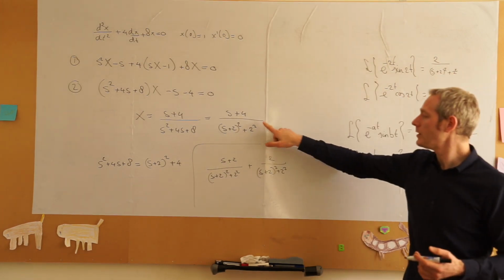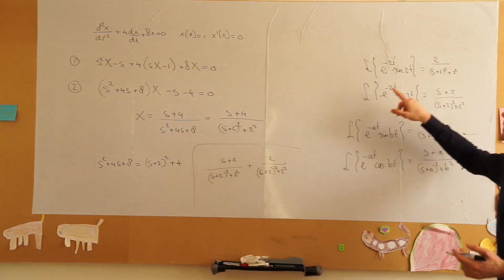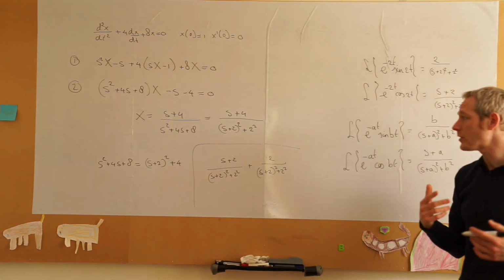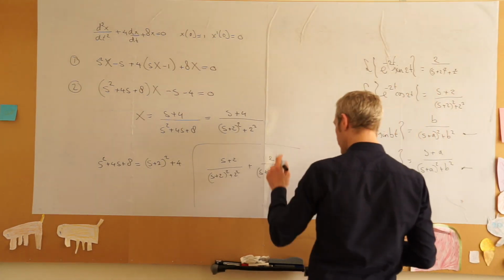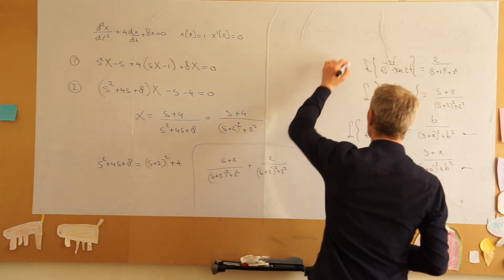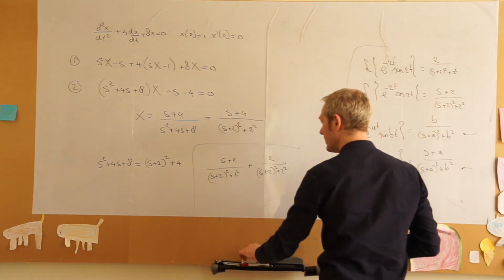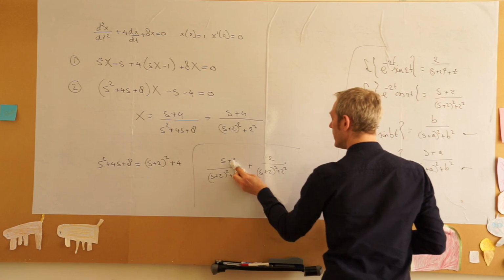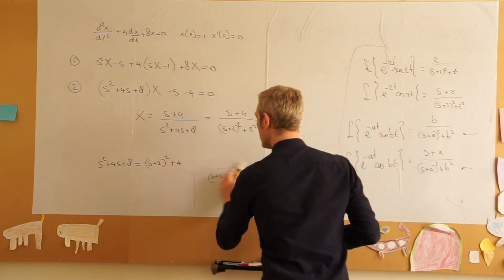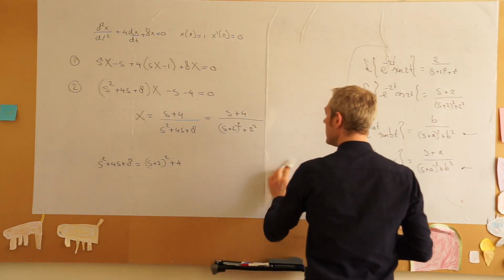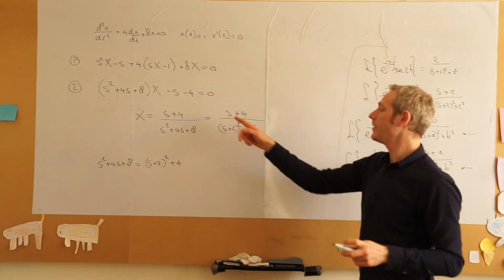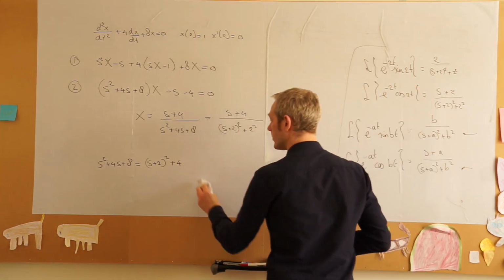So I'll be wanting to write this one out in terms of these two, and the first thing you do at this point is, we have s plus 4 here.